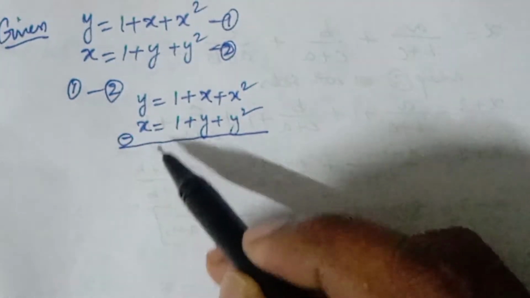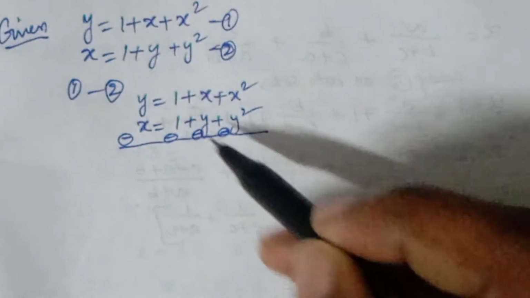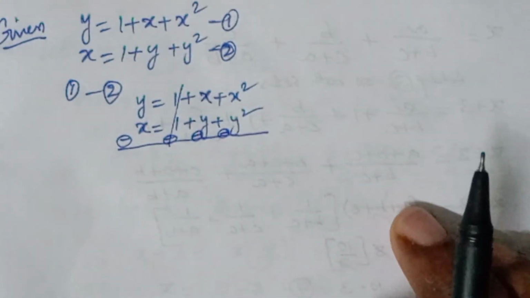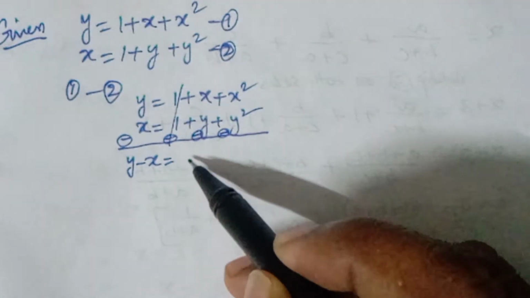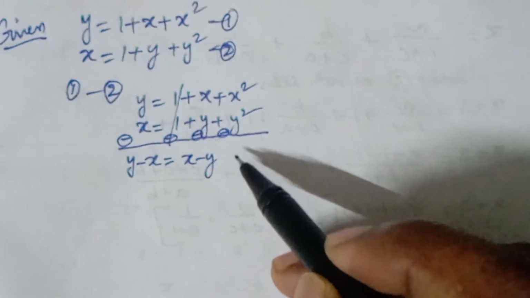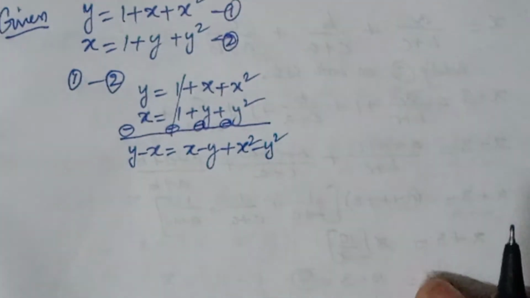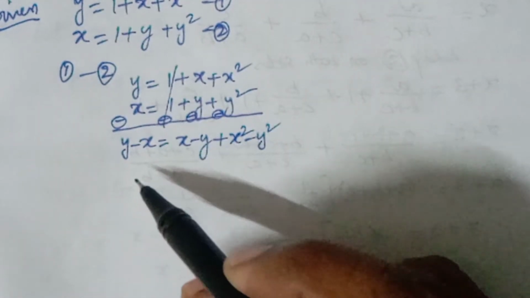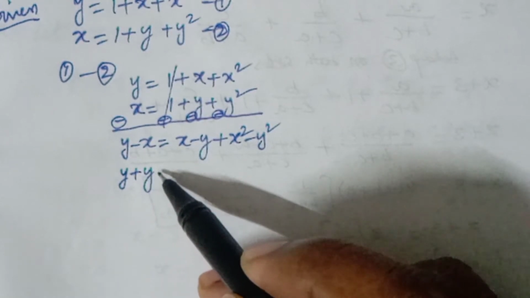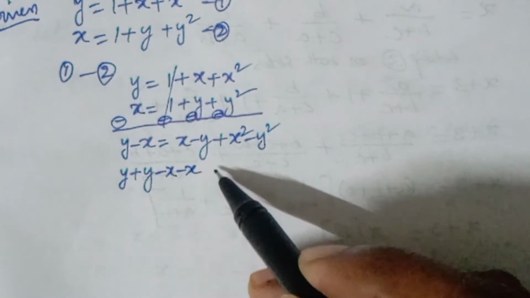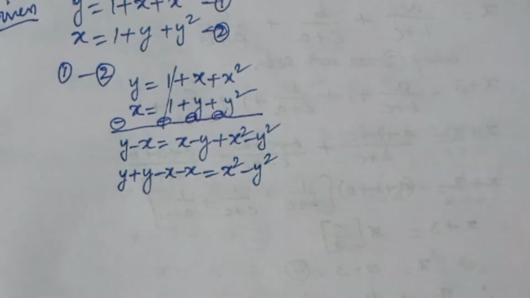So plus 1 minus 1 get cancelled. So y minus x is equal to x minus y plus x squared minus y squared. So what will we get? Sending single terms to that side, y plus y minus x is equal to x squared minus y squared.